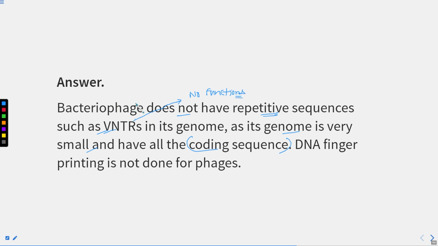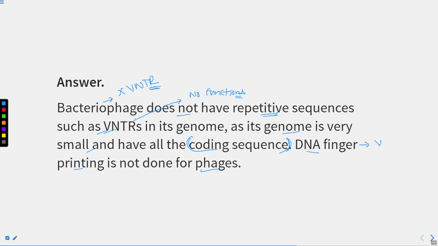So the bacteriophage DNA is very small and consists of only coding sequences. DNA fingerprinting is not done for bacteriophages, so we cannot apply the technique of VNTR for bacteriophages and DNA fingerprinting using VNTR. So what is the basis of DNA fingerprinting?